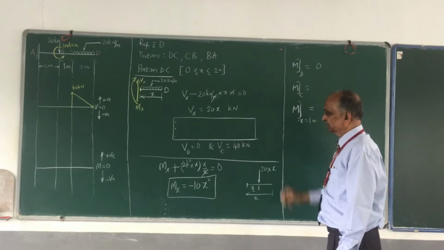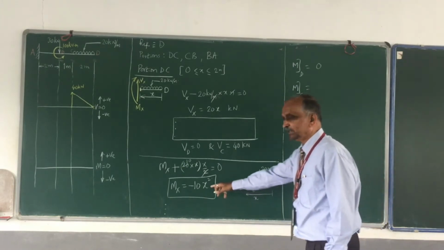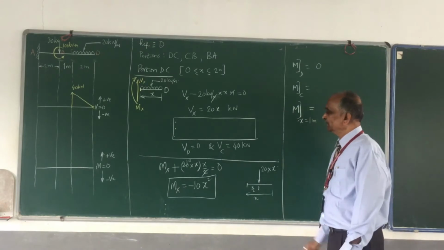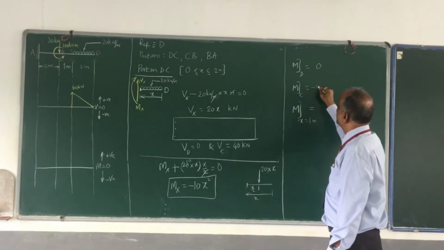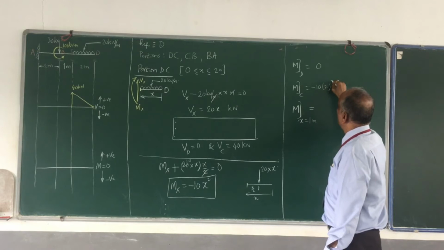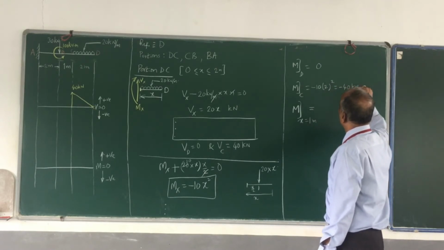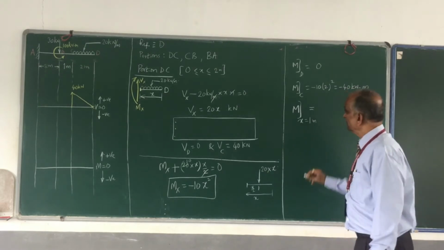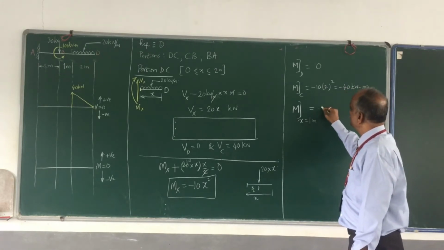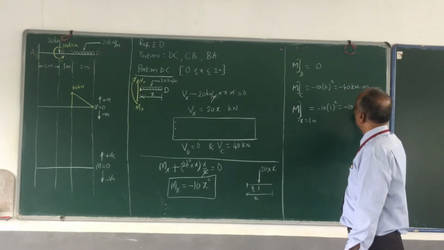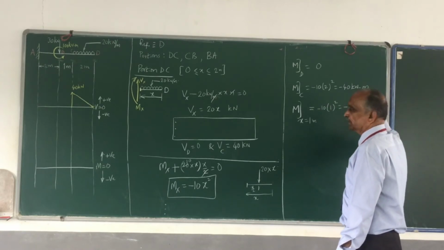That is 0, that is minus 10x square, x is 0. For the second one, bending moment at C, this is minus 10 into 2 square. This is equal to minus 40 kilonewton meter. And for this, minus 10 into 1 square, this is equal to minus 10 kilonewton meter.